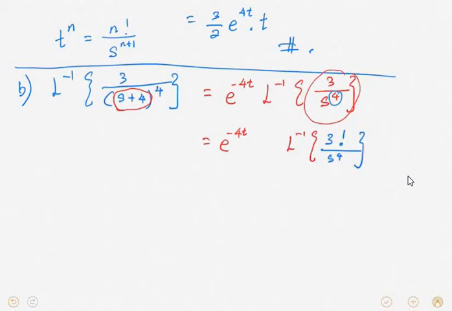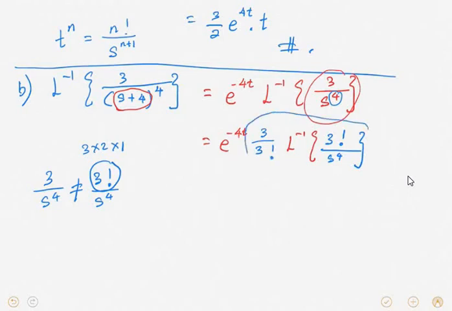It's totally different from 3 over s power 4. Bear in mind, because 3 factorial means 3 times 2 times 1, the value is totally different from the 3. So that's why we take out the 3 divided by 3 factorial. If we write it in this way, the value still remains the same.